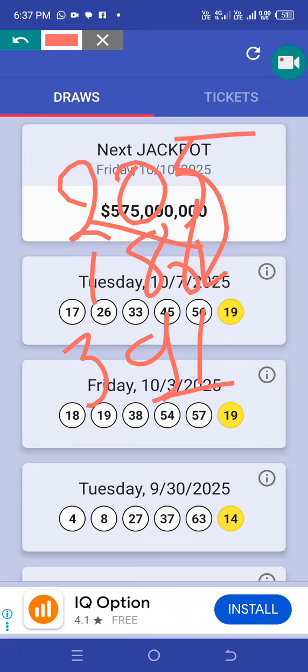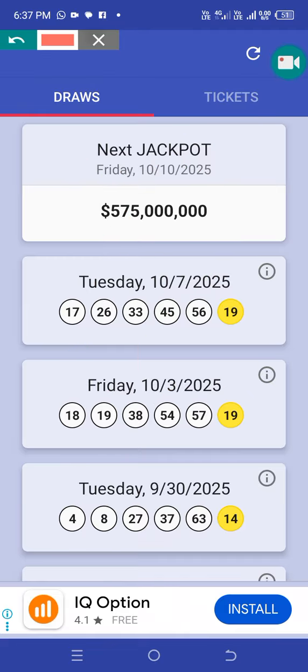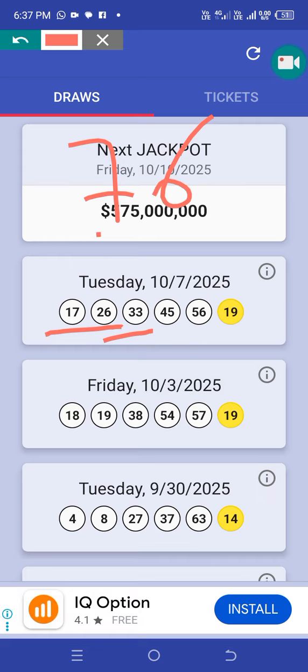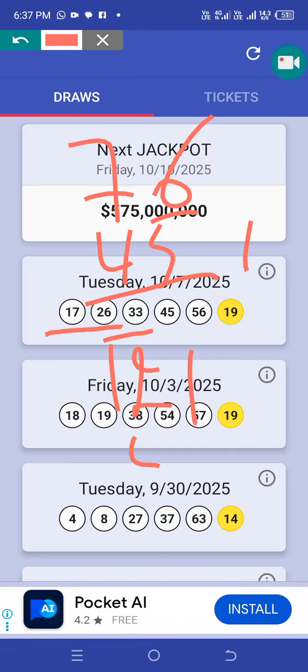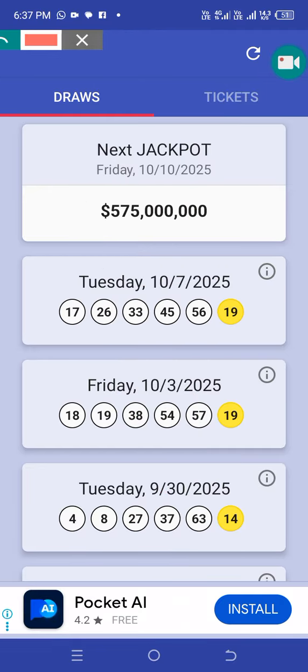Yeah, 17 and 45. 33 wasn't in the code, right? Sometimes the code will give you just a few numbers. Here we have 43, 76, you add 45, gonna be 11, 12, add 56 is gonna be 177.